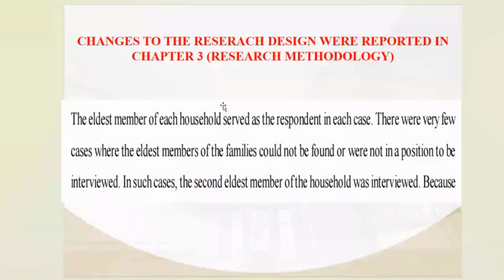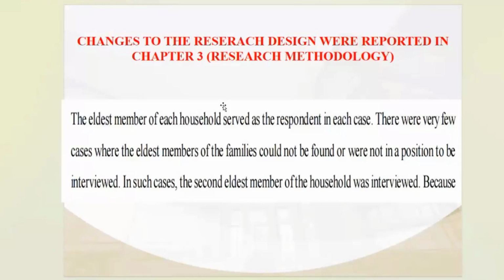You see, the limitation was that you have decided you will interview a person from this household, then you skip 1, 2, 3, 4. In the fifth household, when you want to interview, you find that there is no one to interview, or the eldest person is not there. You don't go away without collecting data. You devise a strategy in the field. This is how social research is flexible. It allows you to adapt to the prevailing circumstances and to collect data in other ways.